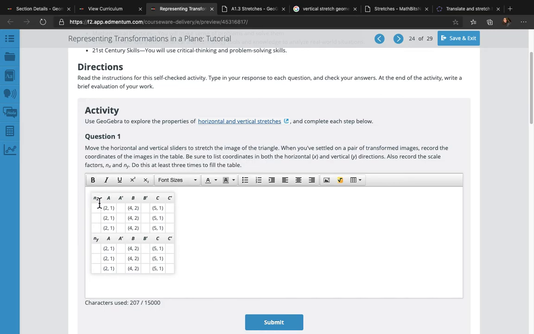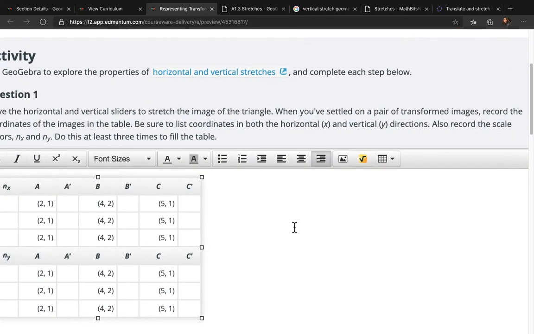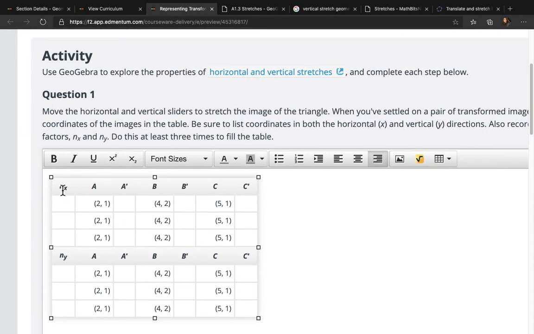So if you look at this table right here, I'm going to zoom in. I'm going to assume that n sub x represents your horizontal stretches, and then n sub y is going to represent your vertical stretches.